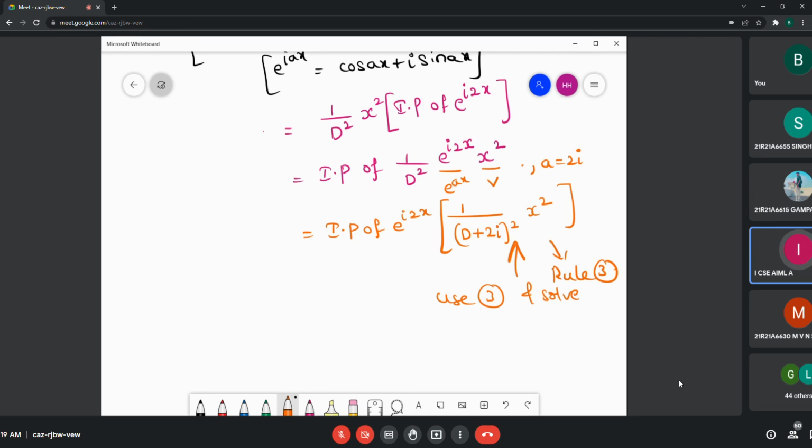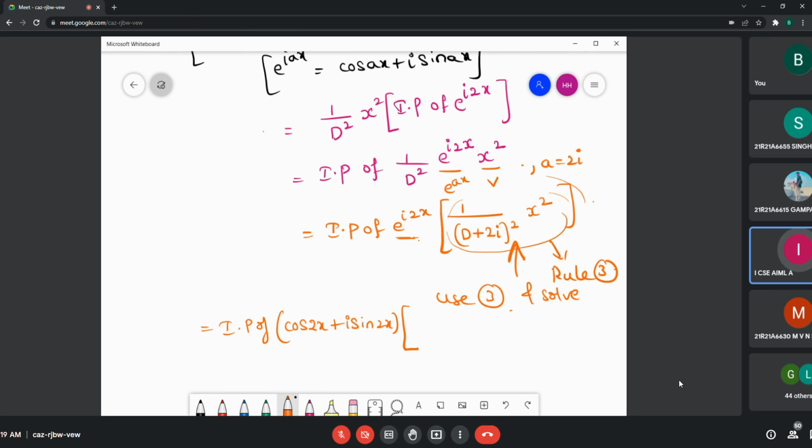After solving this part completely, in the place of e power 2ix you write cos 2x plus i sine 2x, into the function you obtained after solving.